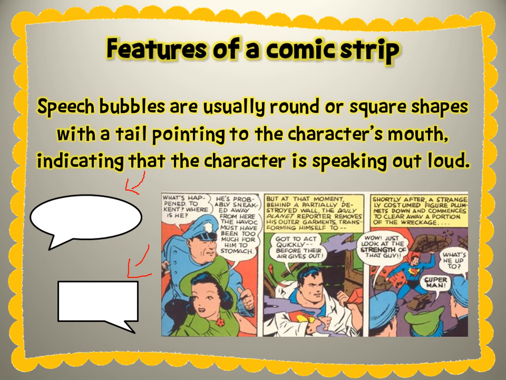So we have 1, 2, 3, 4, 5, and 6. And as you can see, they're pointing to the character's mouth to indicate that they're speaking out loud, and it can come in these two shapes.